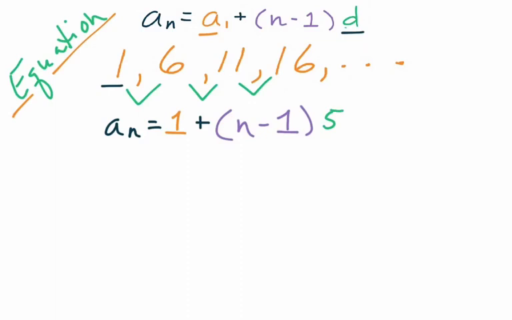Okay, check this out. We kind of wrote the equation, but we want to simplify this down, okay? So what I mean by simplifying is we can take this 5, like we've done before, and we can actually distribute it, because it's being multiplied, into the parentheses, okay? So watch how I do this. So I still got my a of n here.